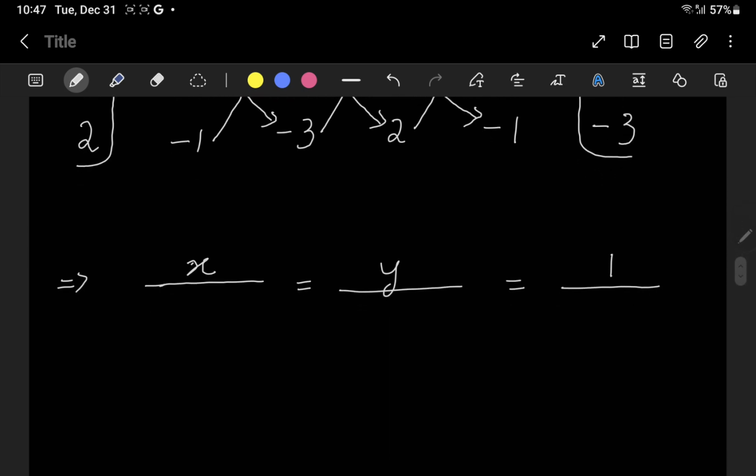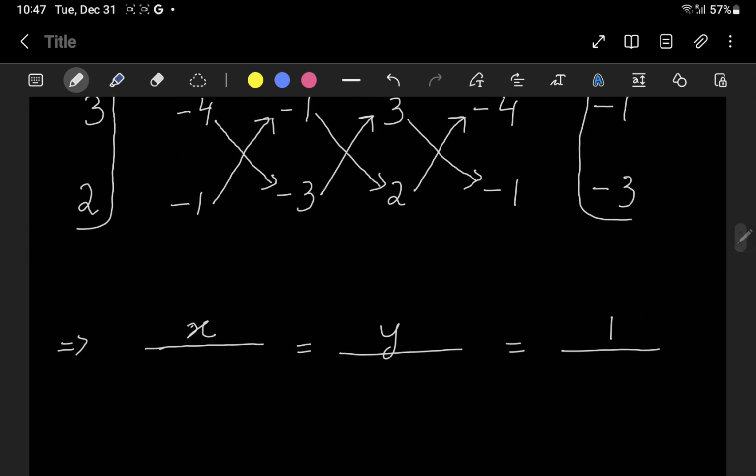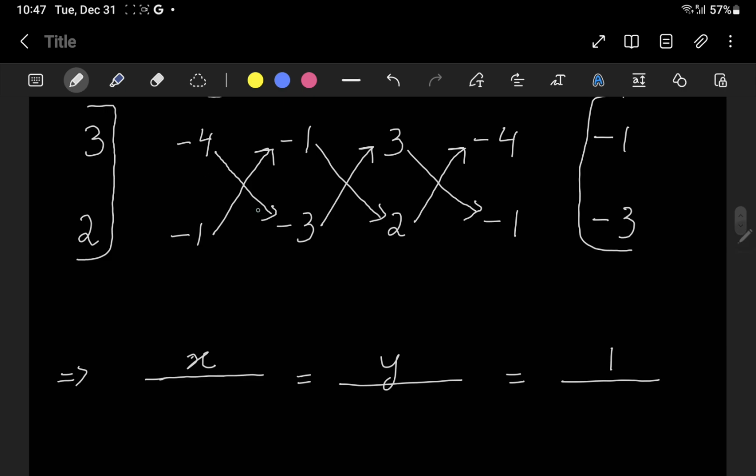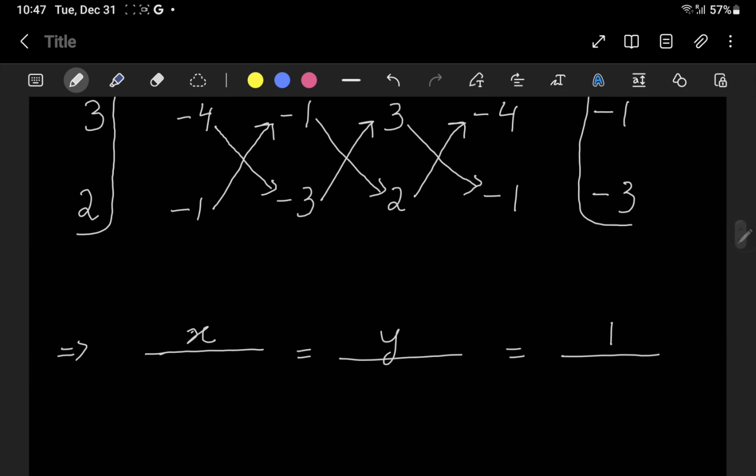Now first we multiply from tail to head: the number minus 4 multiplied with minus 3, so we write minus 4 multiplied by minus 3.